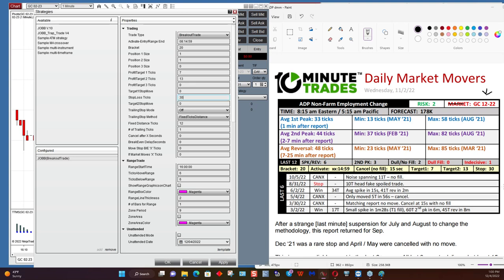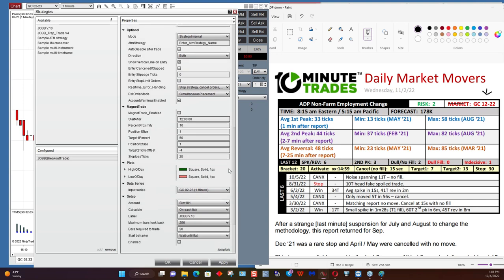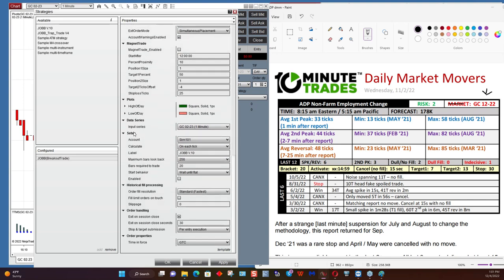When you're done entering, okay, there's a couple of things you want to do. You're going to scroll down, okay, and you're going to come to setup. And your account should be on SIM because you're not trading live at the moment. If you want to press that arrow, if you want to trade live, you could change to your live account, and nothing else gets changed.